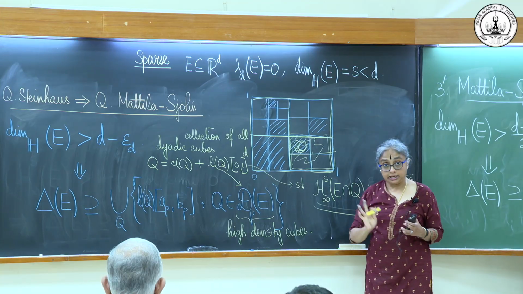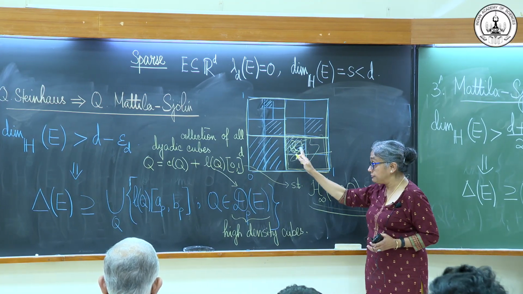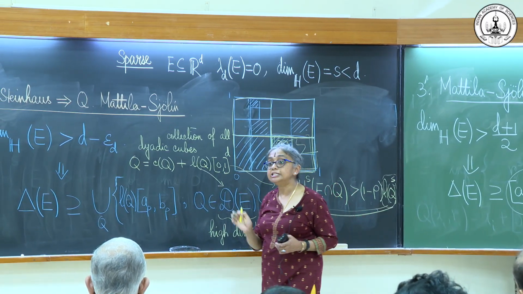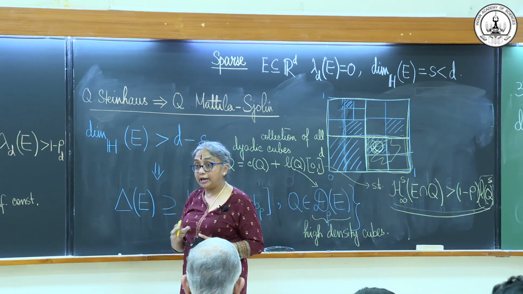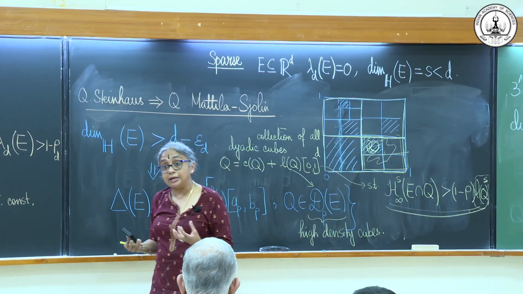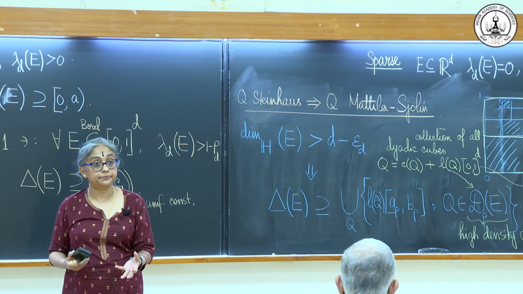If yes, keep it and set it aside. You don't have to come back to it again. If not, then you keep splitting again. So it's like a stopping time argument where there is a criterion of largeness that determines which cubes you choose and which cubes you throw. Okay.